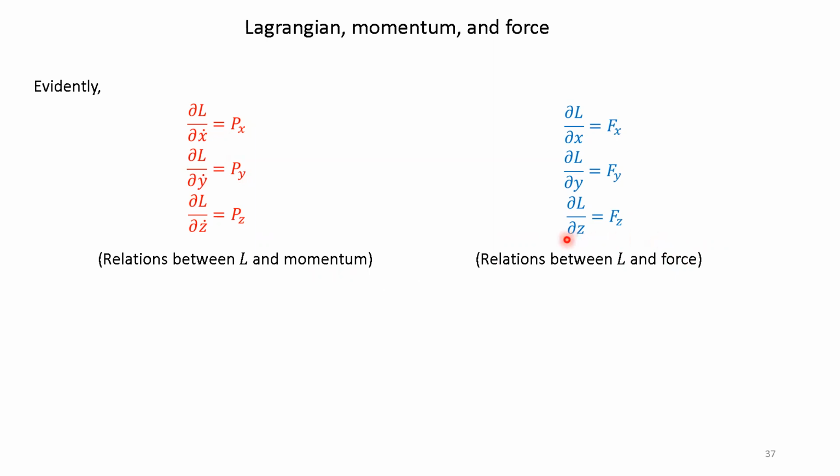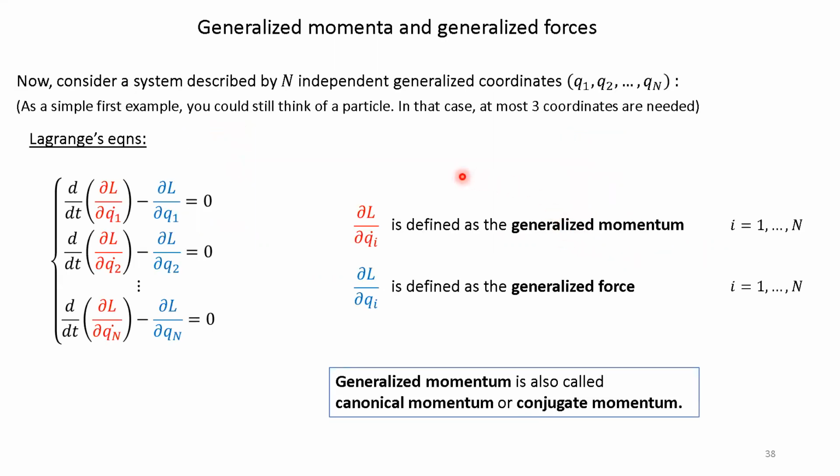Nothing new here. But now if I consider using generalized coordinates, not just x, y, z, but any generalized coordinate that we have used, this time you don't have partial L partial x dot or partial L partial y dot, and so on.